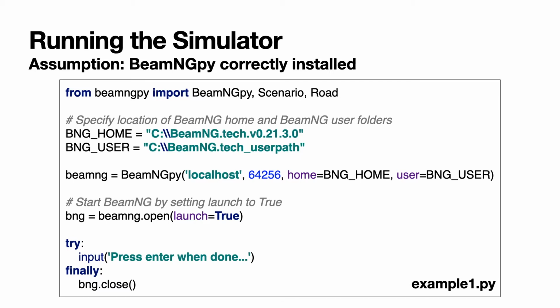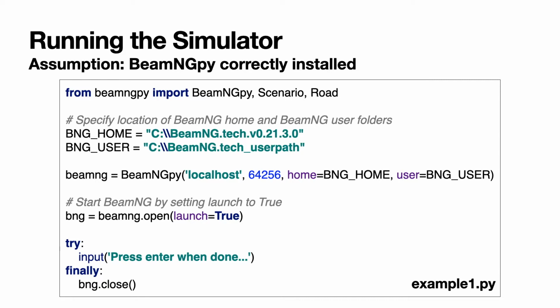You provide a port because this acts as a server to which your Python client is going to send commands. We specify BeamNG home and BeamNG user, as you see. For simplicity, I store everything under C, so I know there are no spaces and so on. And for the remainder of this tutorial, we will use exactly this configuration.